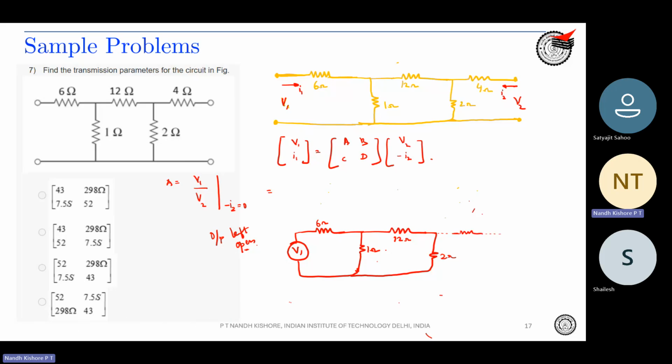Because I2 is 0, there is no drop. Therefore, V2 is basically the voltage across your 2 ohm resistor directly. Is this fine? Conceptually, I2 is 0, there is no drop across your 4 ohm resistor, therefore V2 is the voltage across the 2 ohm resistor.